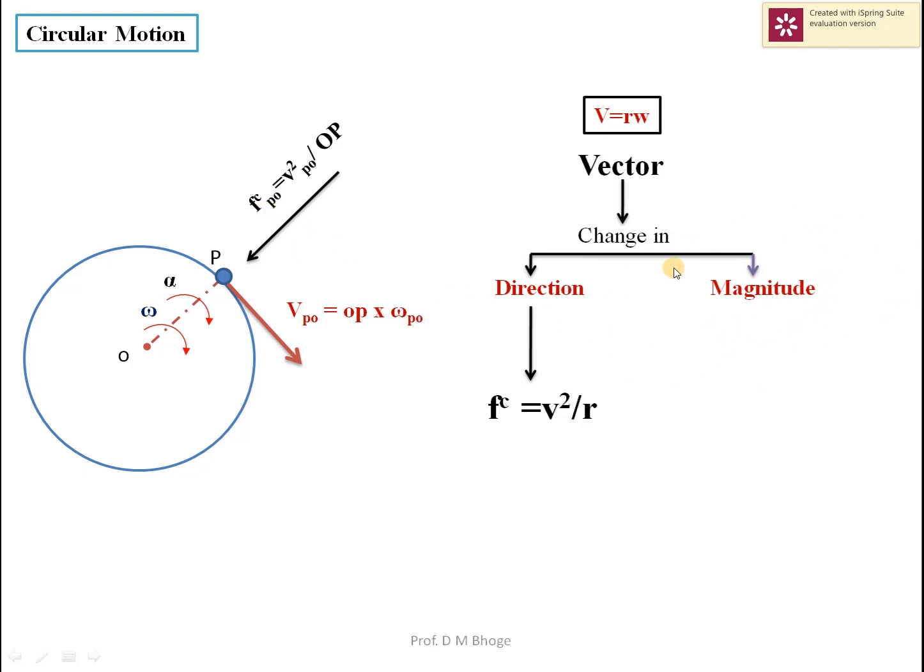Now if the linear tangential vector changes its magnitude, the change in this magnitude is accounted for by the tangential component of acceleration Ft, which is equal to r into alpha. This component FTPO accounts for the change in magnitude of the velocity vector VPO.